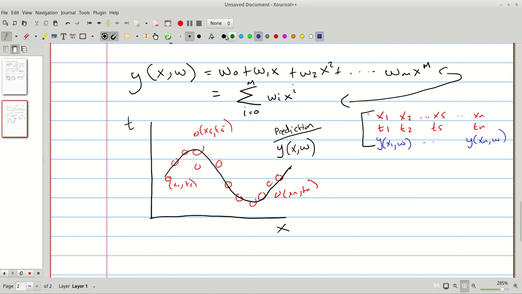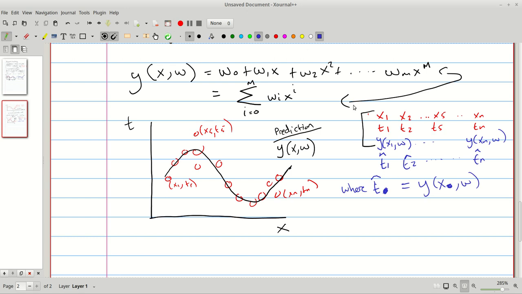So essentially we can think of this as t1 hat, t2 hat, and tn hat, where t-hat is equal to y of x, should use a different subscript here, let me use whatever, like an o here, comma w.